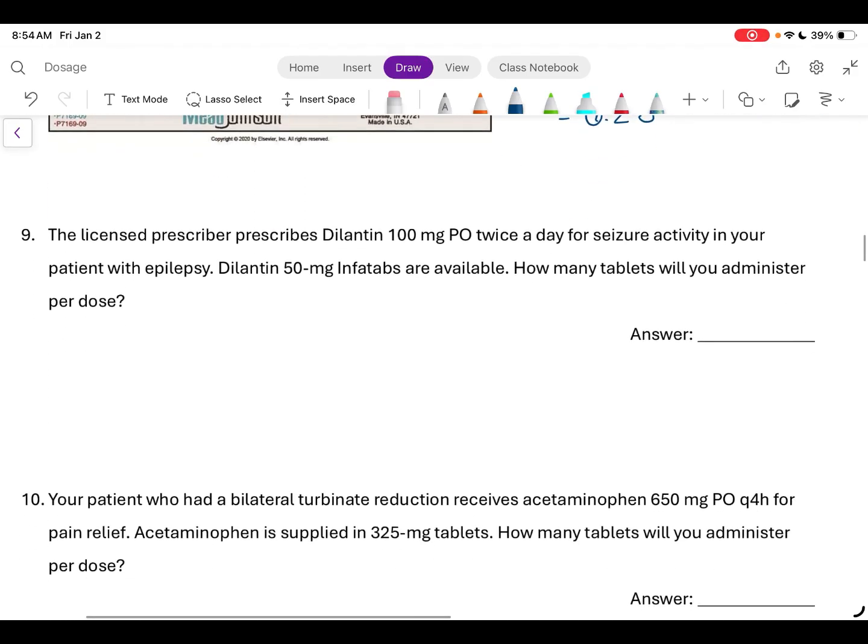All right, number 9. Licensed prescriber orders Dilantin 100. You have Dilantin 50 milligrams available. How many tablets will you administer per dose? So how many tablets is our question? X tab.